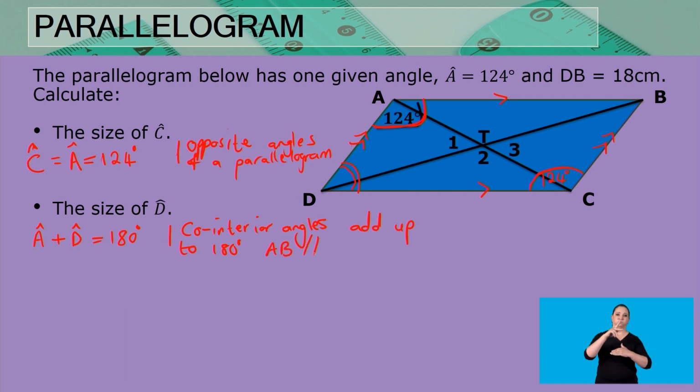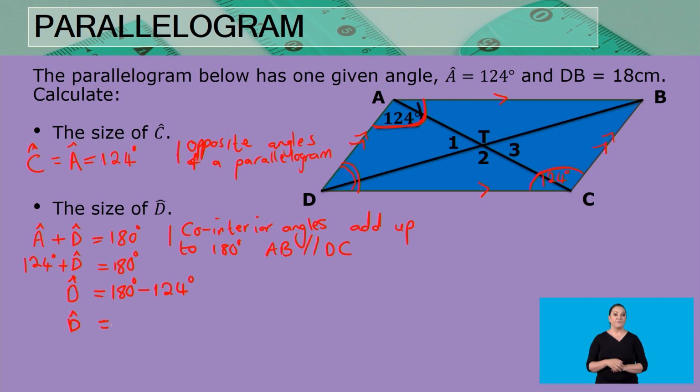AB is parallel to DC. So we know that angle A plus angle D is equal to 180 degrees. We are already given that angle A is 124 degrees. We are looking for angle D, and the sum of these two angles is 180 degrees. Now we are going to use the additive inverse of 124 degrees to solve for angle D. So angle D will be equal to 180 degrees minus 124 degrees.